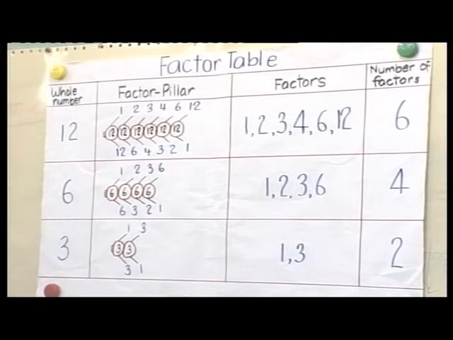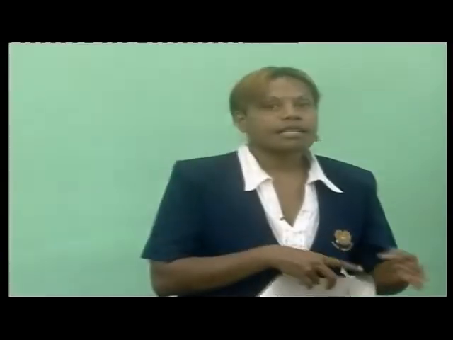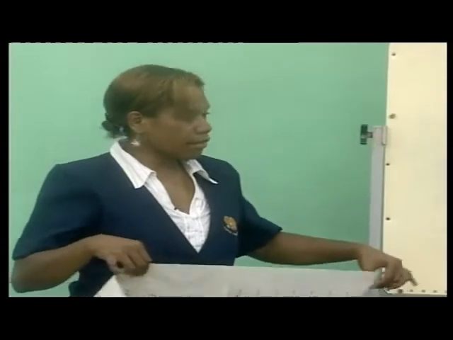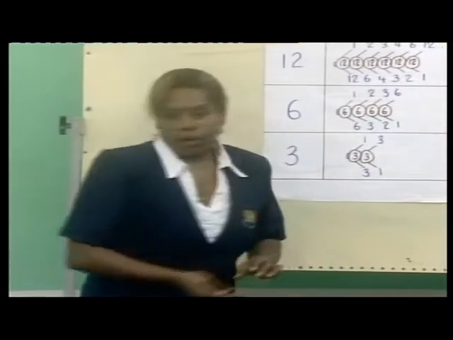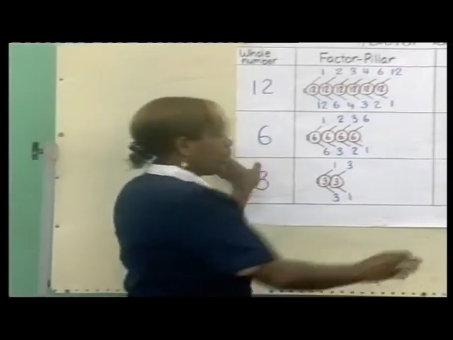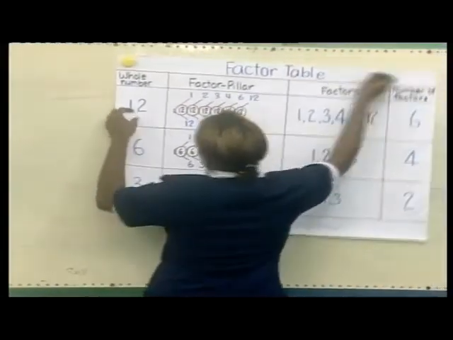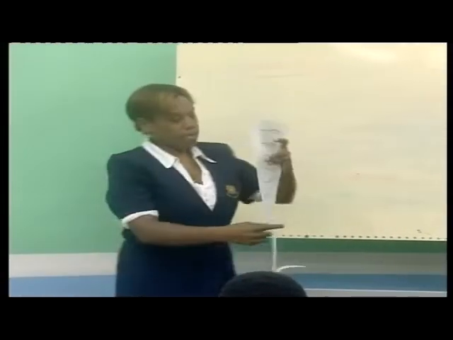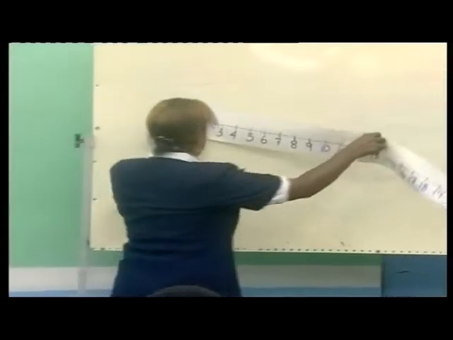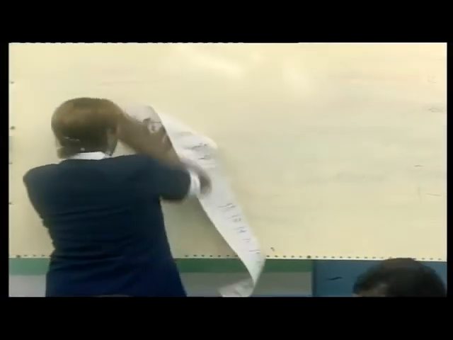Now moving away from factors. Receiving students, you should have a number line on the board, or on the chart, from 0 up to 20.